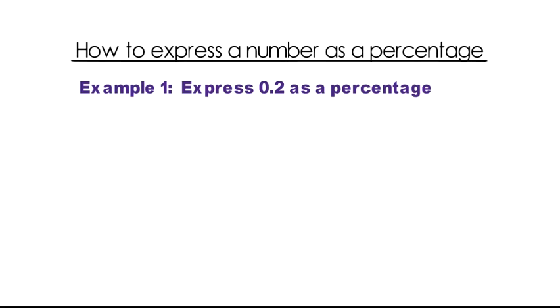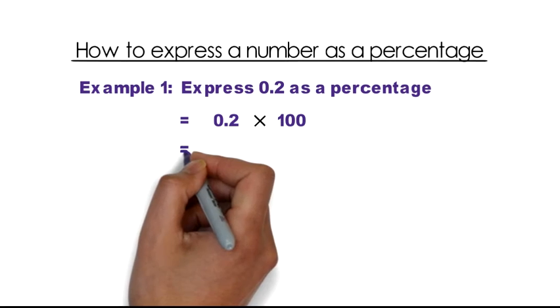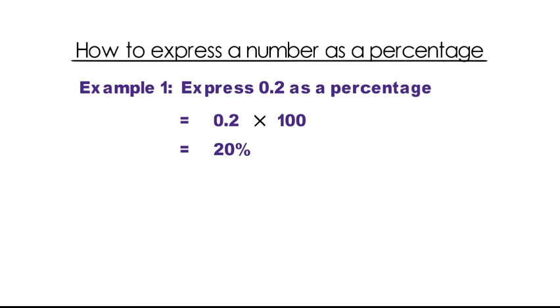This is done by multiplying 0.2 by 100. So, this will give us 0.2 times 100. This is equal to 20%. Very simple, isn't it?